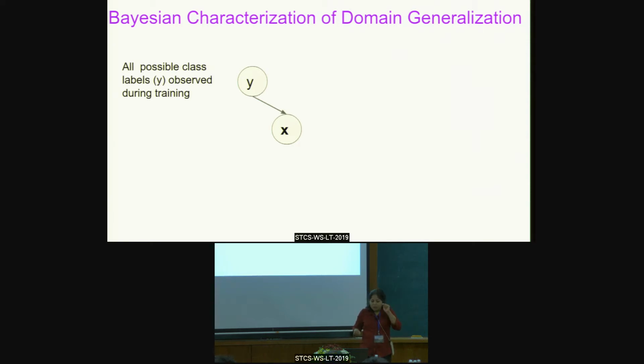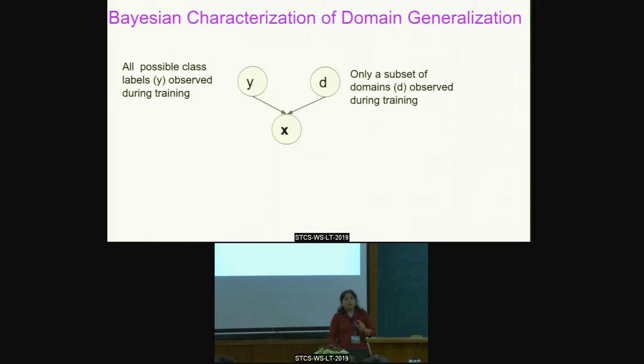Now, in the presence of domain, we believe that X is an intricate, inseparable function of Y and D. Going back to the font example, the image that you see of a character is a difficult to separate function of the character itself and the font.